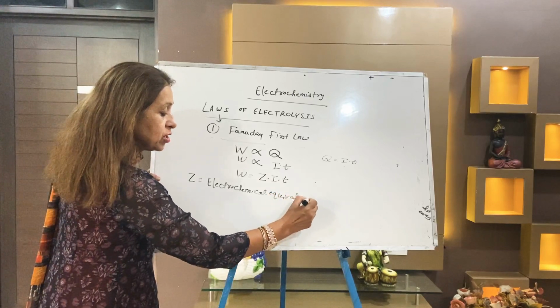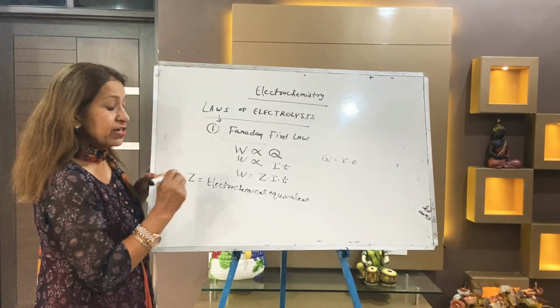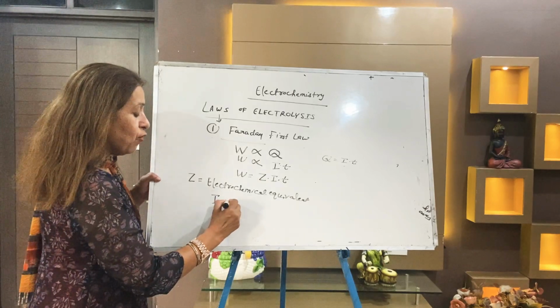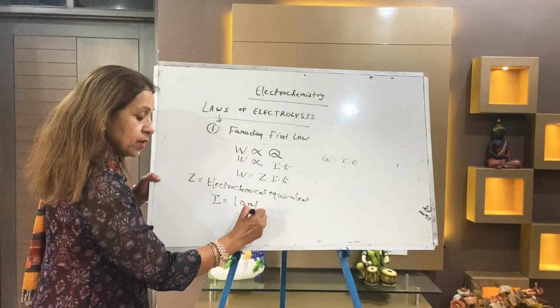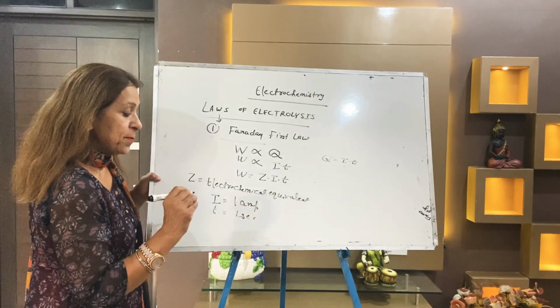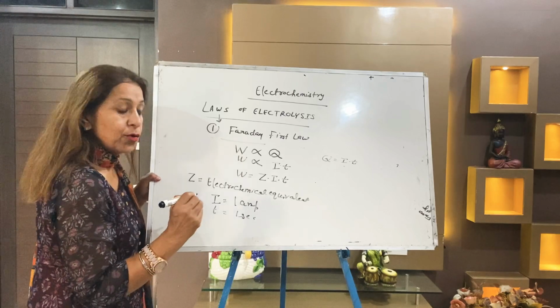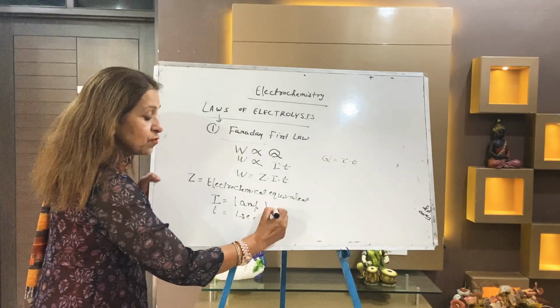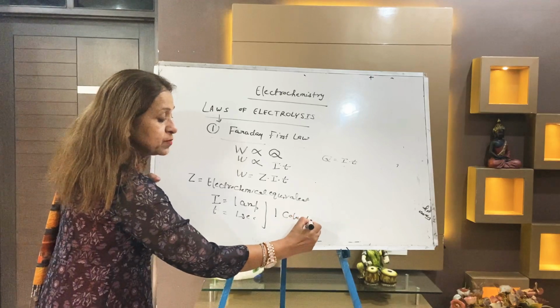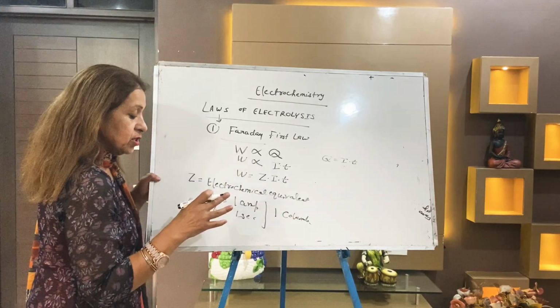And now the question is, what does Z represent? If you pass 1 ampere current for 1 second only, you have passed 1 coulomb of charge.